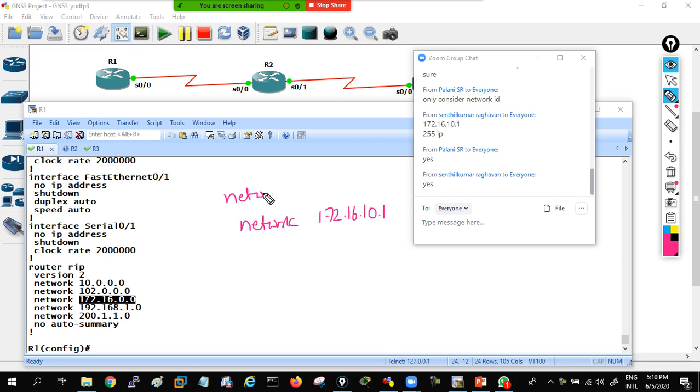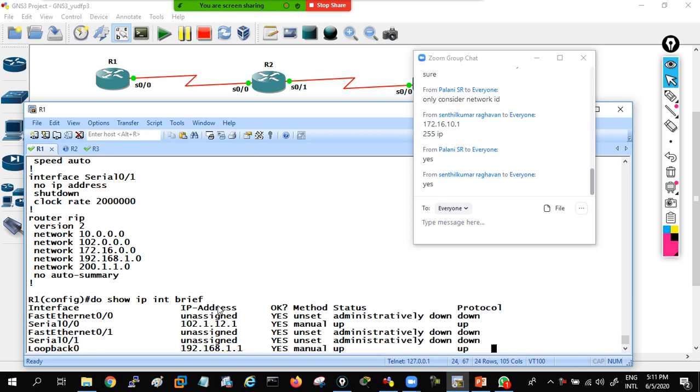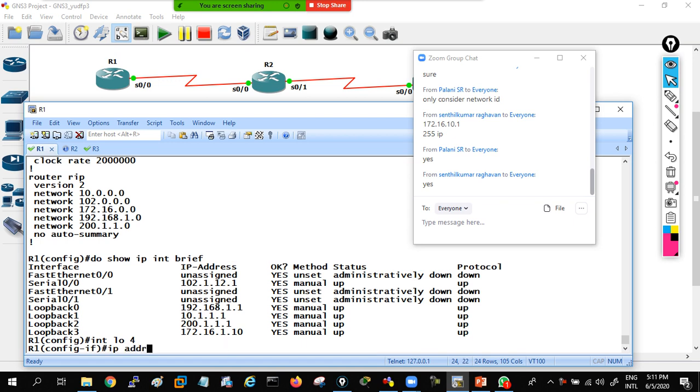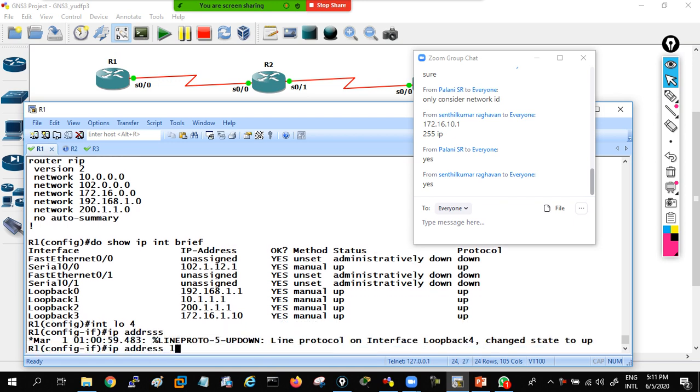Before, I advertised which network? 172.16.1.10, right? Before, I configured loopback 3 with 172.16.1.10. Now I am going to configure one more loopback, interface loopback 4, IP address 172.16.10.1, 255.255.255.0.